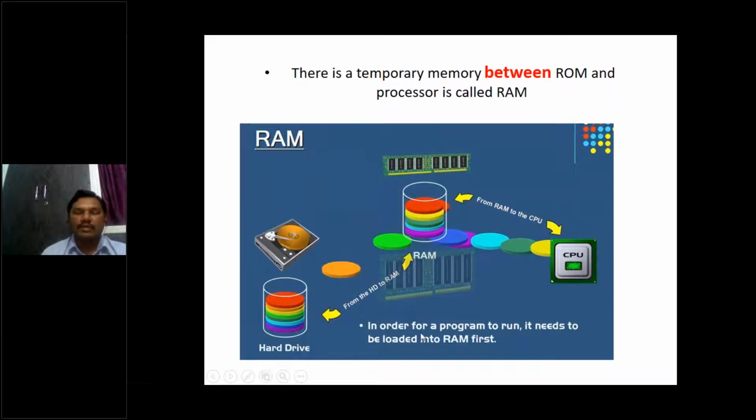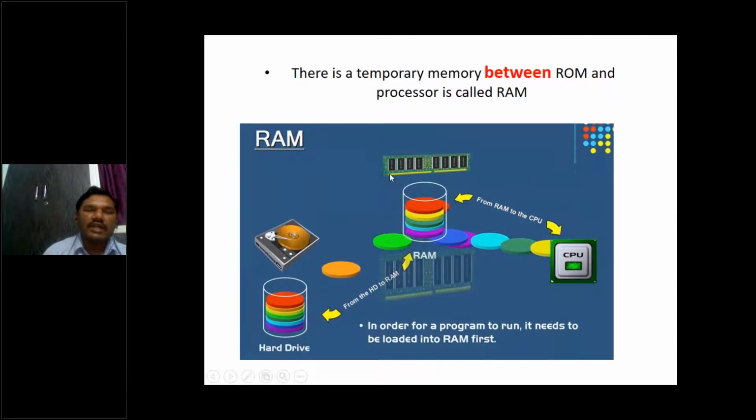In order for a program to run, it needs to be loaded into RAM first. So to speed up the operation, we are loading the data into RAM memory. However many applications you open, all will be loaded into RAM before proceeding to the CPU. If you open a number of applications, the system will automatically become slow because RAM capacity is lesser than the hard disk or ROM memory.